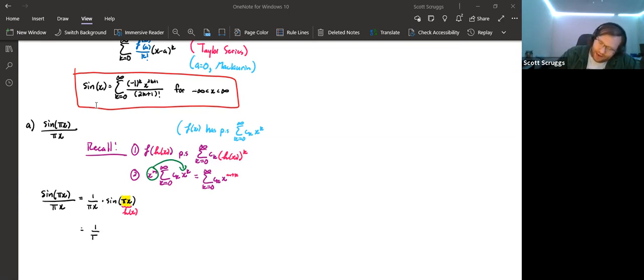First, do nothing to here, times, write down the Maclaurin series for sine. However, instead of writing an x to the 2k plus 1, I am writing down pi times x to the 2k plus 1 over 2k plus 1 factorial.